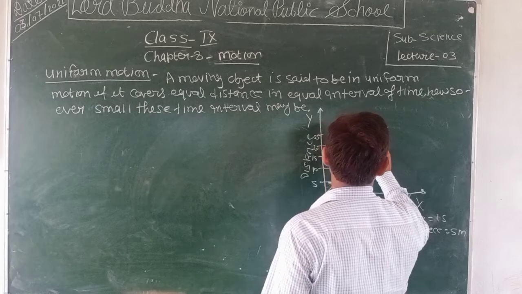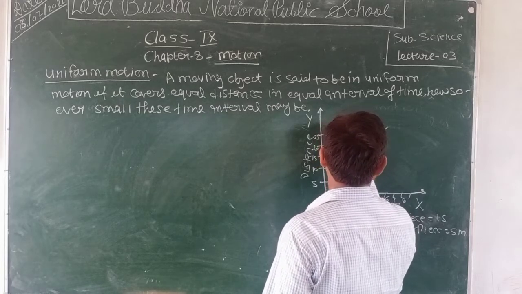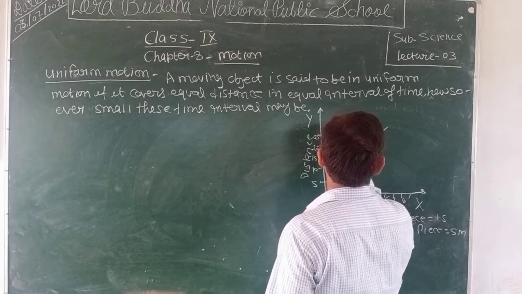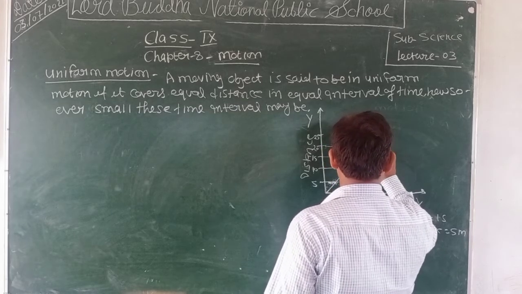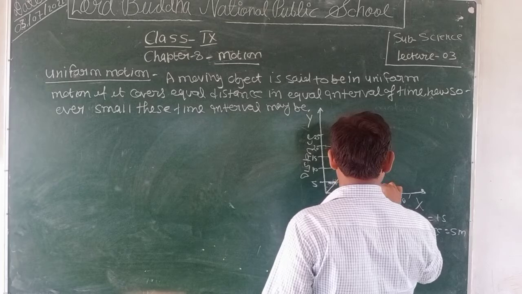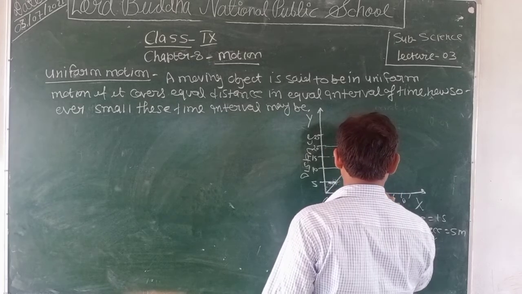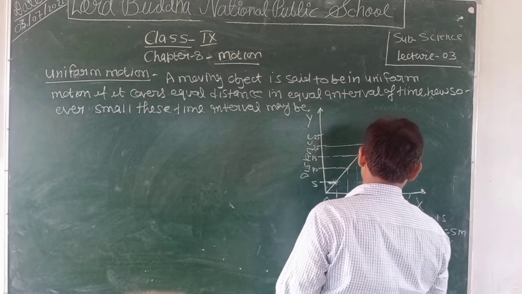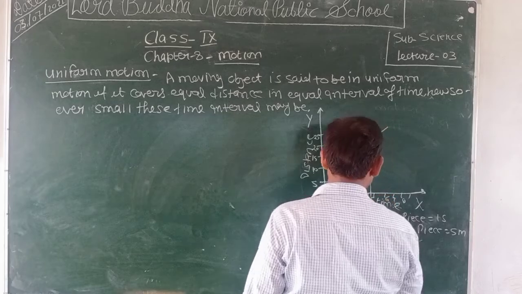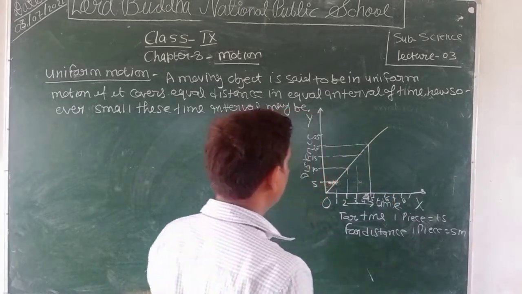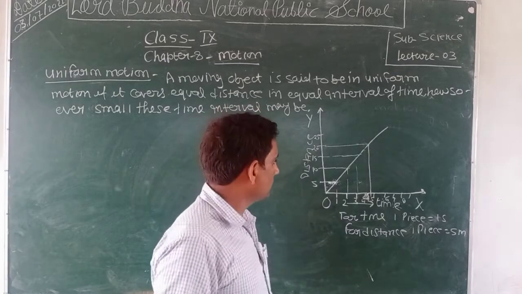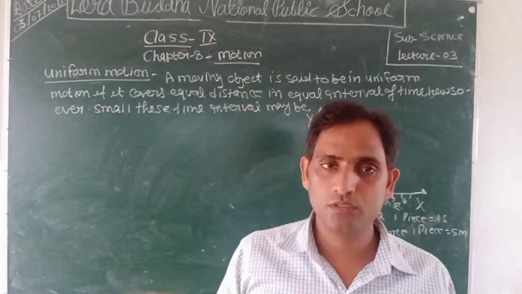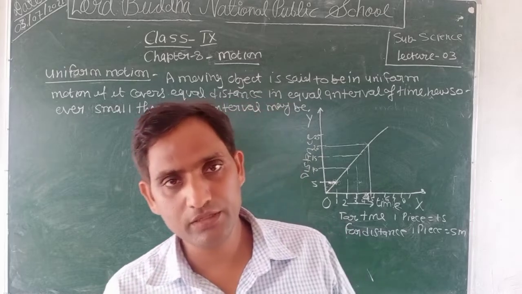So it is clear that from the graph, the graph for uniform motion will be a straight line.